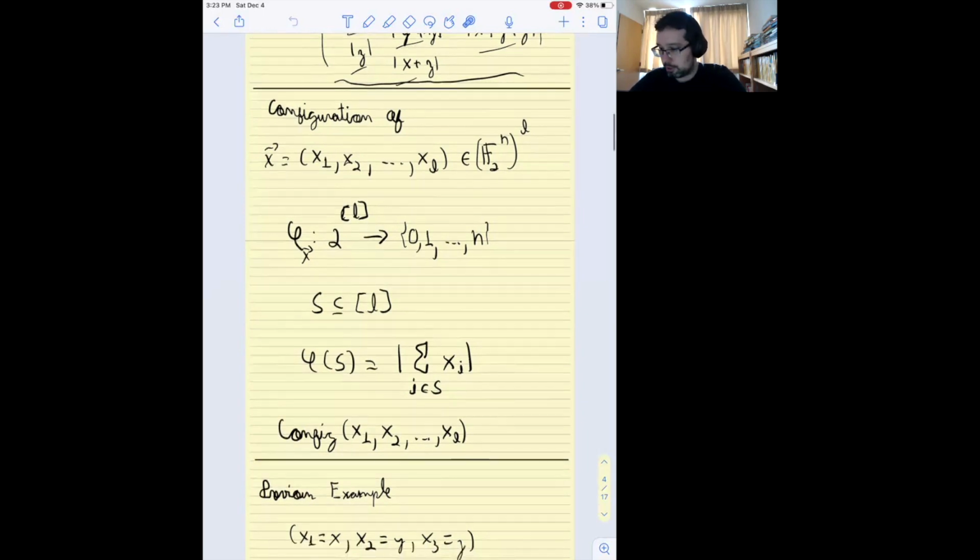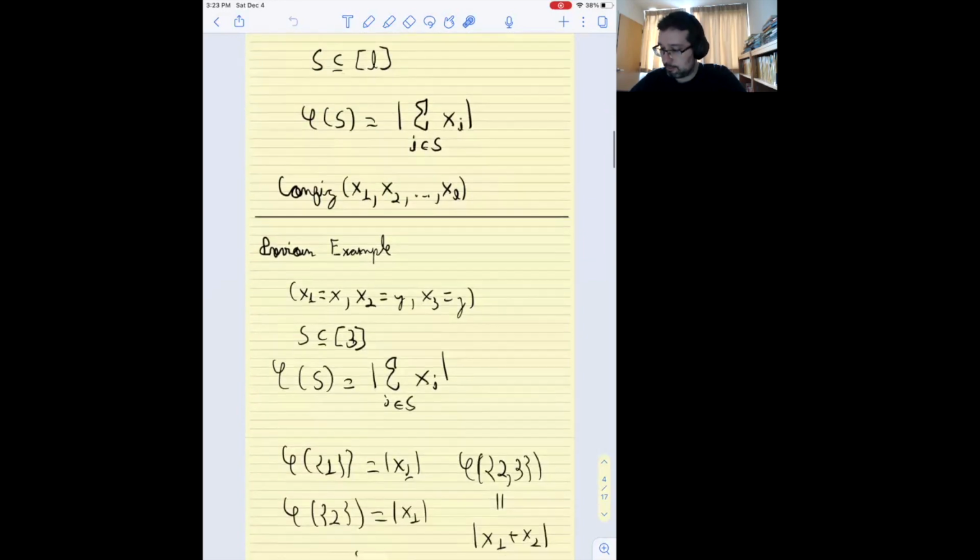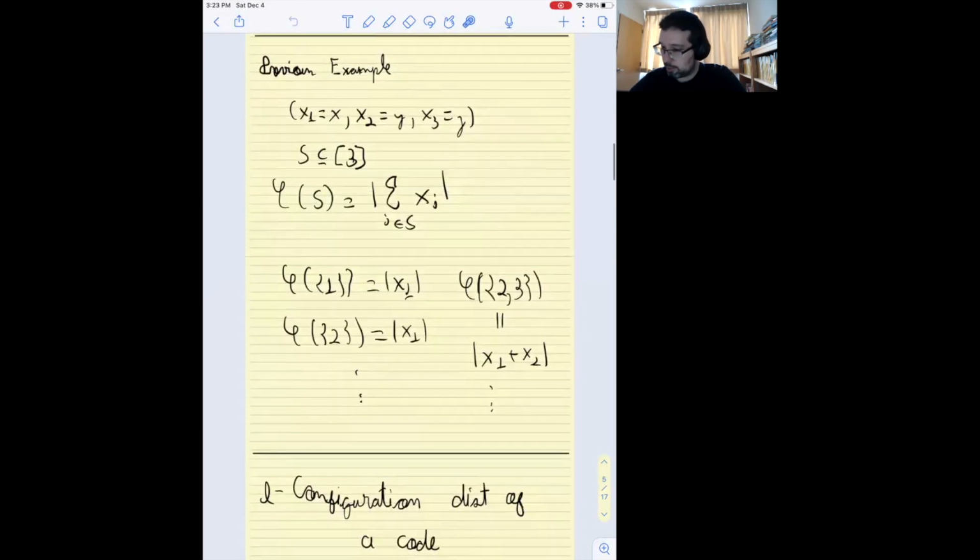So this is going to be a configuration. A configuration is just a function from subsets of L telling us what is the Hamming weight that we should see. Here we had a small typo: when I mentioned 1, 2 here, this is 2, 3. Let me correct this, 2, 3.